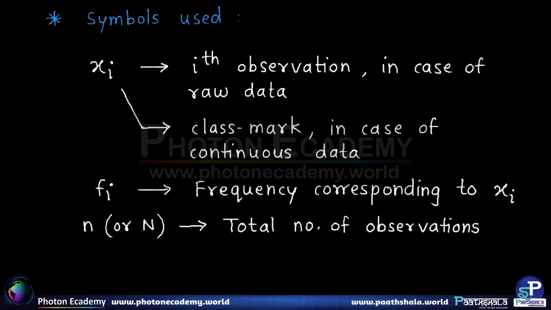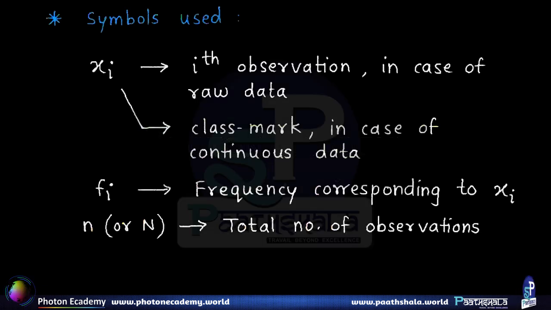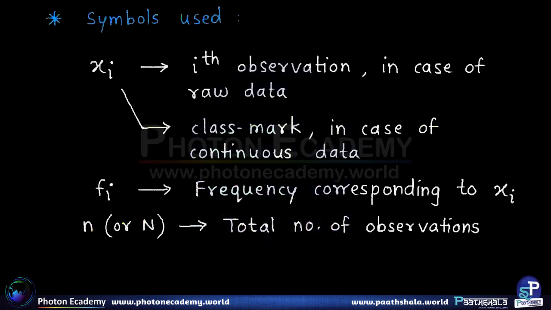Then Fi stands for the frequency corresponding to Xi. So for a particular observation Xi, the frequency associated with it is called Fi. And lastly, either small n or capital N refers to the total number of observations. Let's move on.